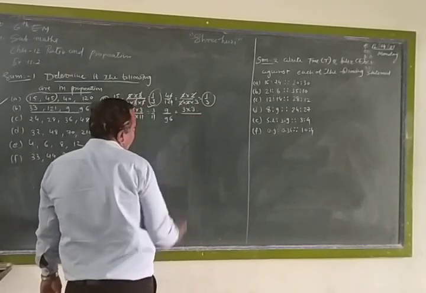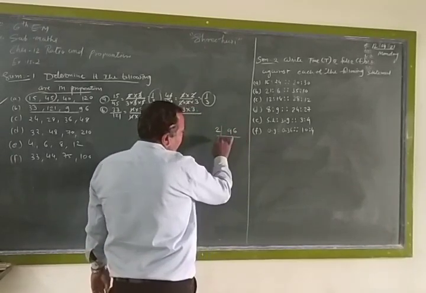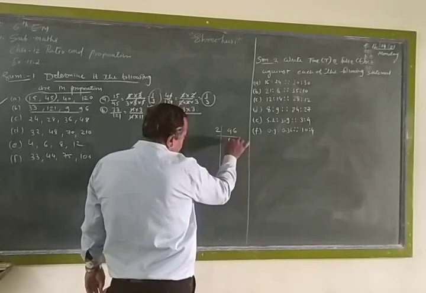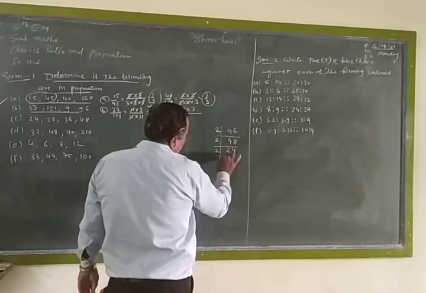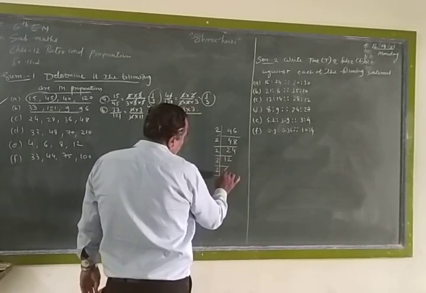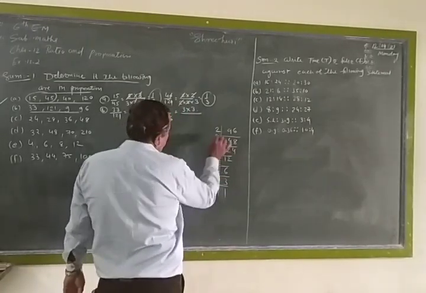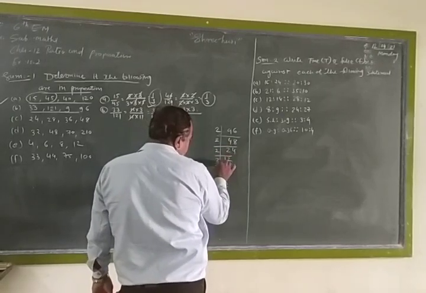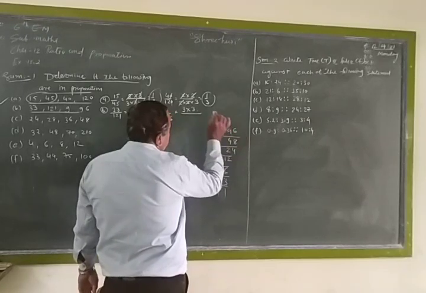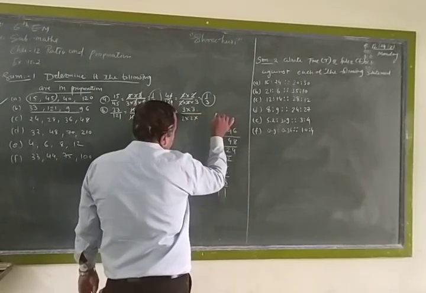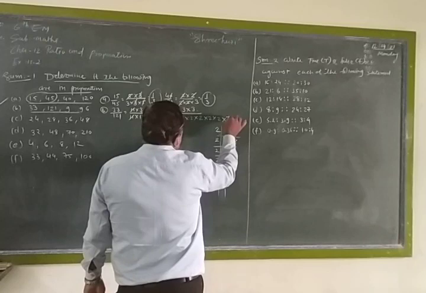The prime factors of 96: if we divide 96 by 2, we get 48, 24, 12, 6, 3, and then 1. So 2 times 2 times 2 times 2 times 2, five times, and 3.